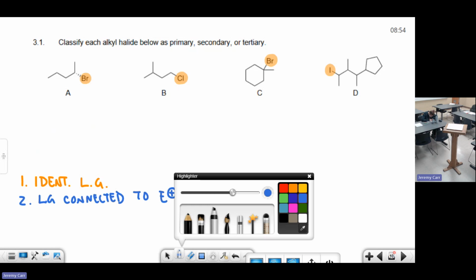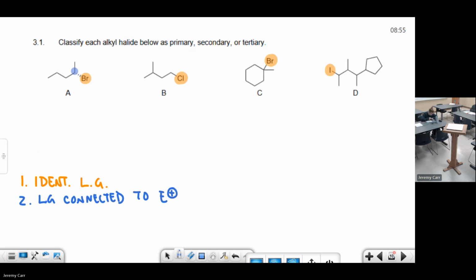Br, so look at where Br is in A. We want to highlight what's touching Br. So we put, boom, a blue right there. That's your electrophilic position. Look at B. Cl is touching that carbon right there. That's your electrophilic position. Br is touching this electrophilic position right there. Iodine is touching what? This carbon right here, right?